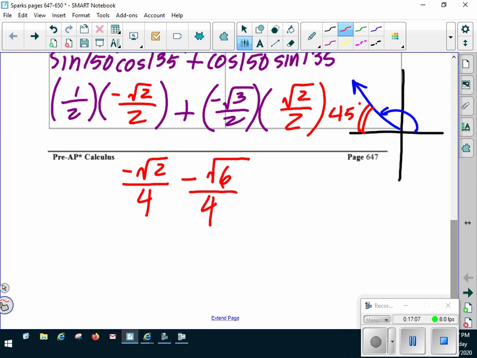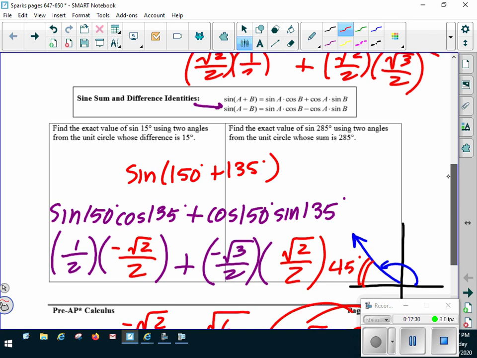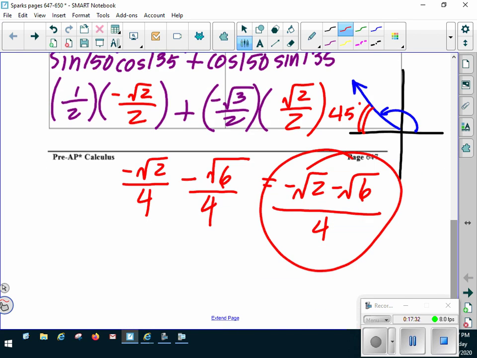Multiplying, right? Square root of 3 times the square root of 2 is square root of 6, right? So this is negative root 2 minus root 6 over 4. Was that the second one? Yeah. Okay. That's all we're going to do with sine.